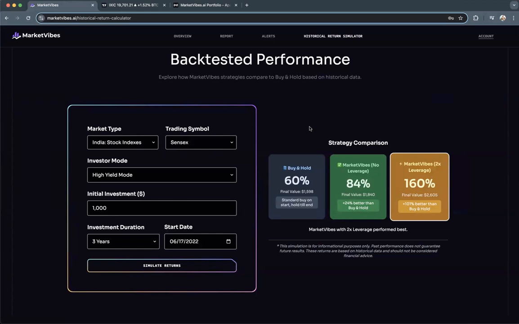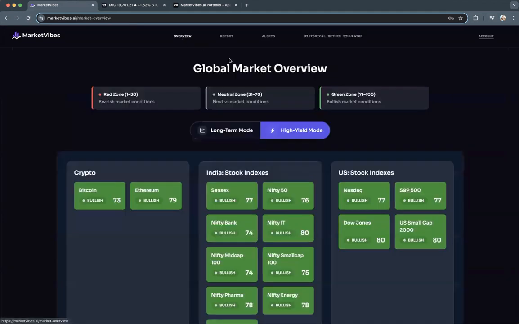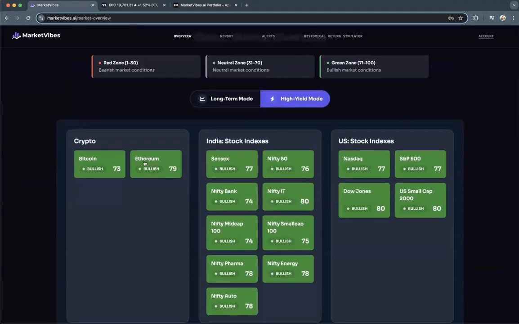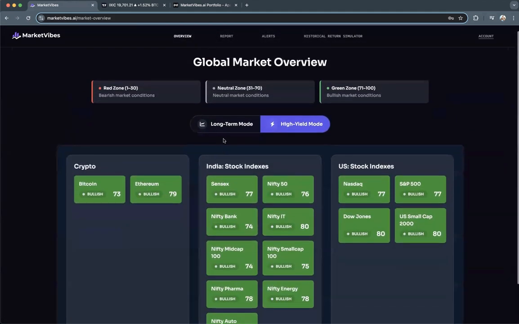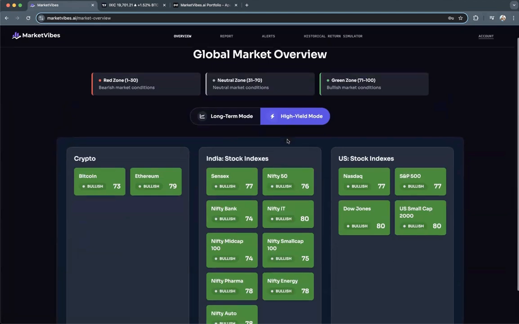And consistently, the majority of the time, the software is beating the index itself, right? There could be times here and there when it may not, but we have a very high CAGR for the software. And as I said, if you include the data of every single index and crypto, it comes to around 500 years of data. So we have backtested heavily with different time frames and so forth to optimize the results.